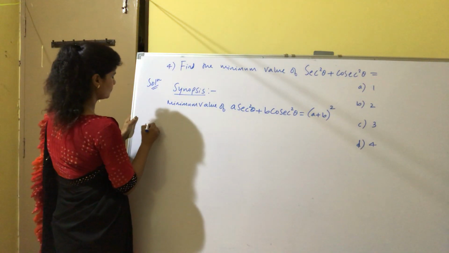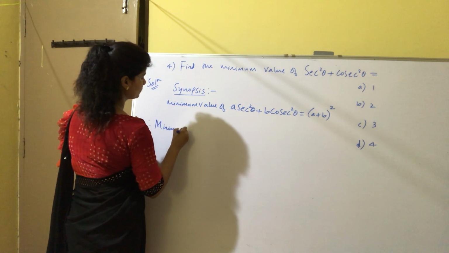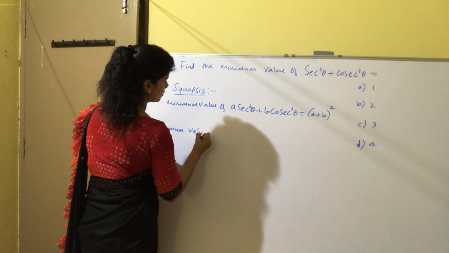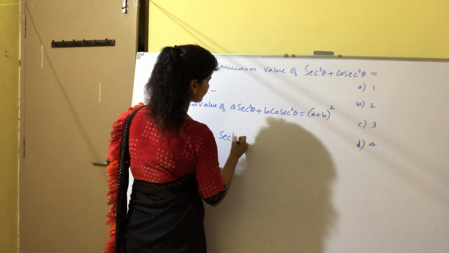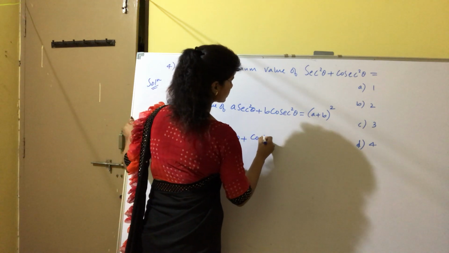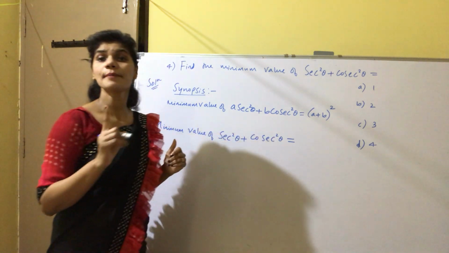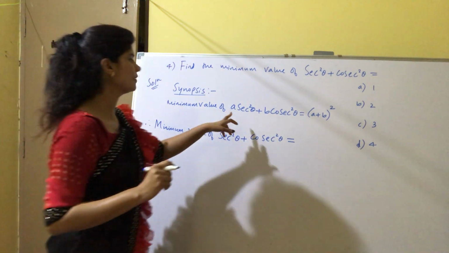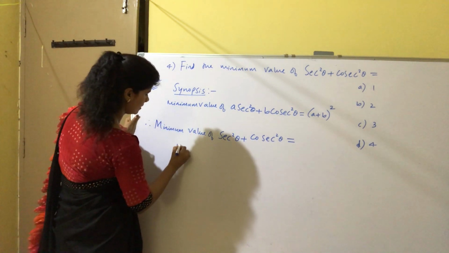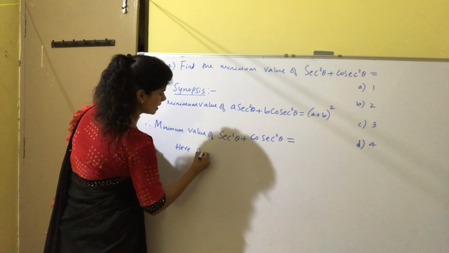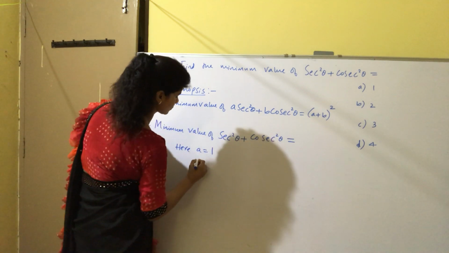So therefore, the minimum value of sec square theta plus cosec square theta is equal to a plus b whole square. A is the coefficient of sec square. In this case, A is 1, the coefficient of sec square, and B is the coefficient of cosec square.